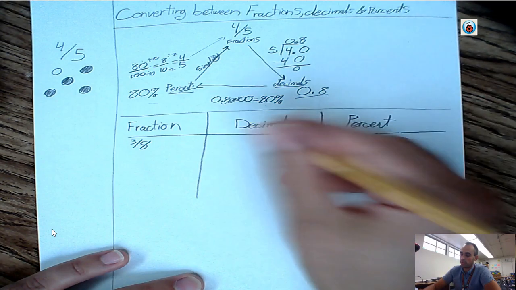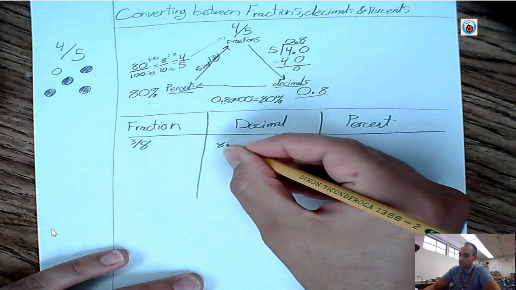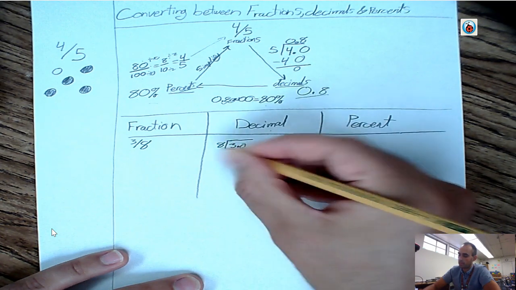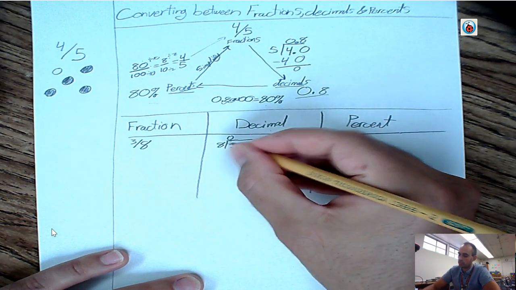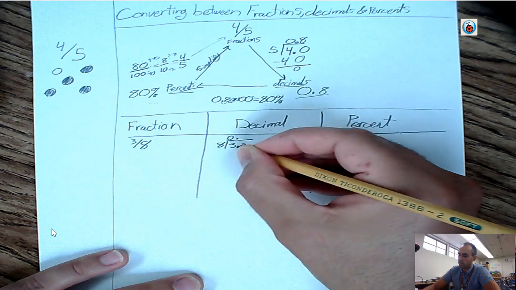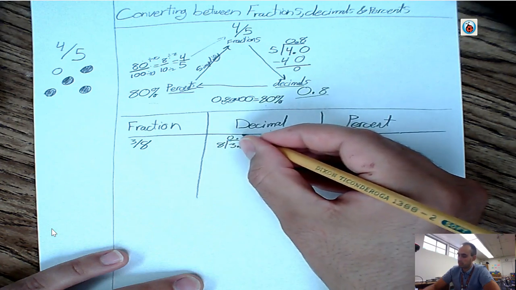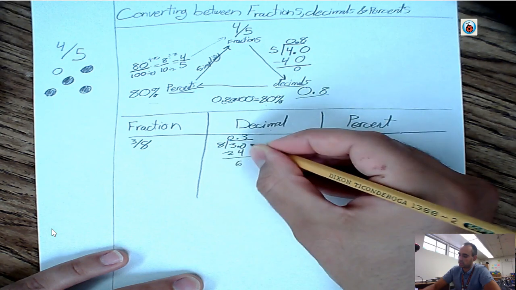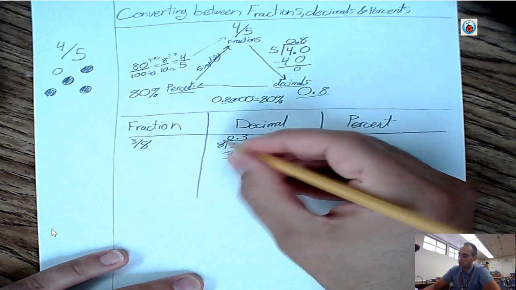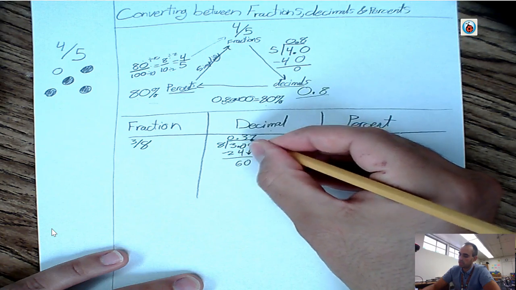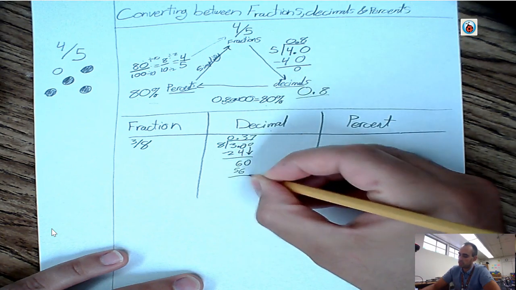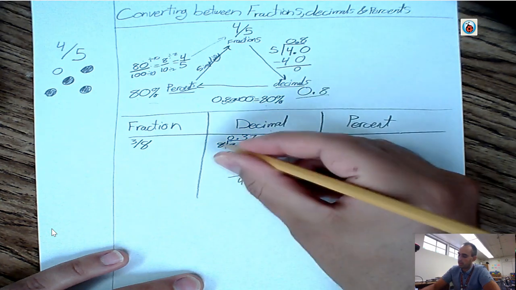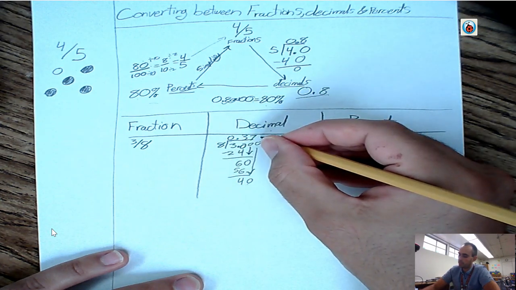Okay, hopefully you pause the video, you got to work on that. 8 going into 3.0. 8 goes into 3 0 times, bring in my decimal. 8 goes into 30 3 times. You get 24, subtract it down, 6, 0. 8 goes into 60, 7 times, 56. 4, bring down my next 0. 8 goes into 40, 5 times.